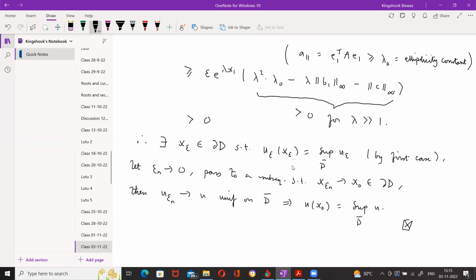So you pass to a subsequence where they converge to some point x naught in the boundary. And because the u epsilons converge uniformly to U, the maxima will converge to a maximum of U. Is that clear? Yes, sir. Okay, so that proves the weak maximum principle. Is this okay?